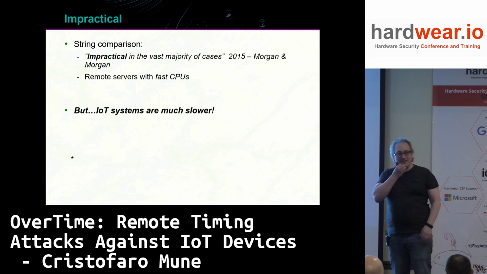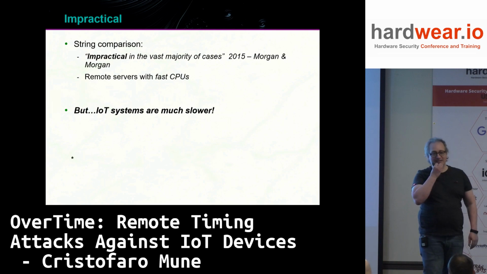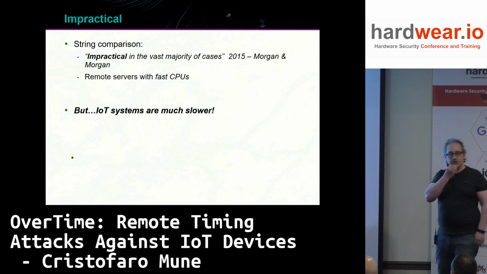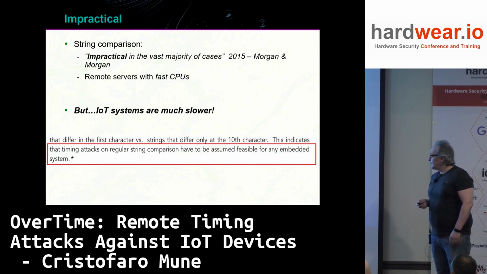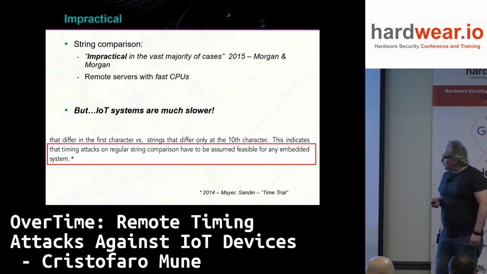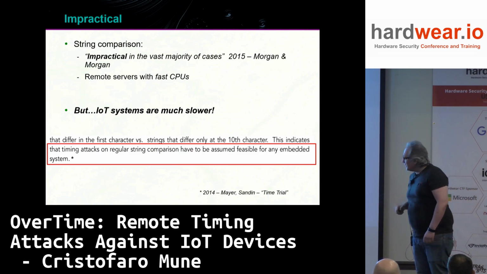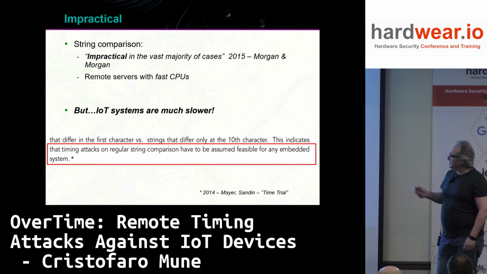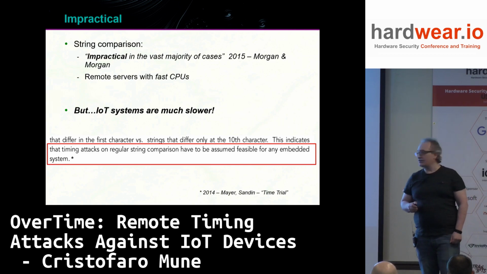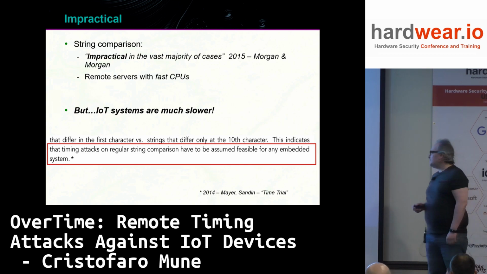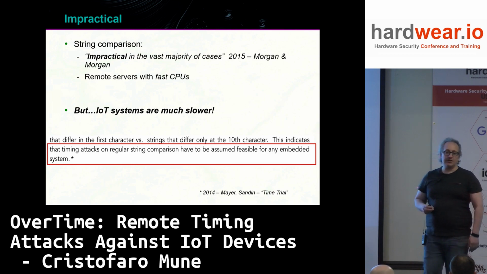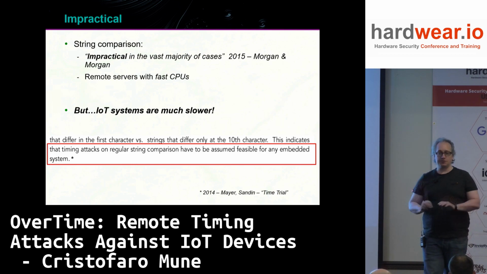But we have another thing nowadays, which was not even there 4 or 5 years ago. And still, people in 2014 already said that timing attacks on regular string comparison have to be assumed feasible for any embedded system. And that's where the search stopped. Nobody looked at this anymore.